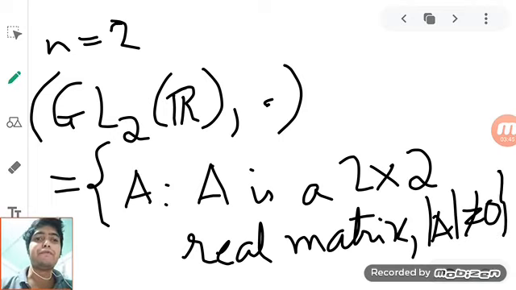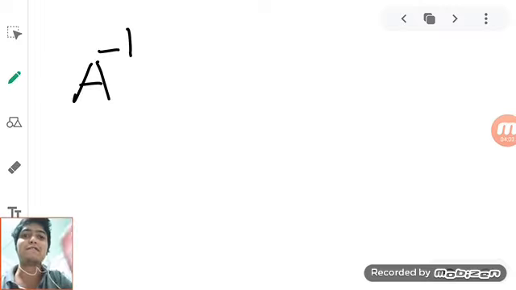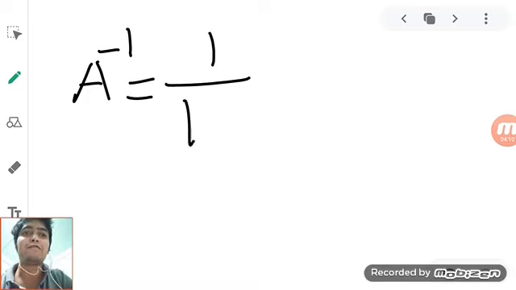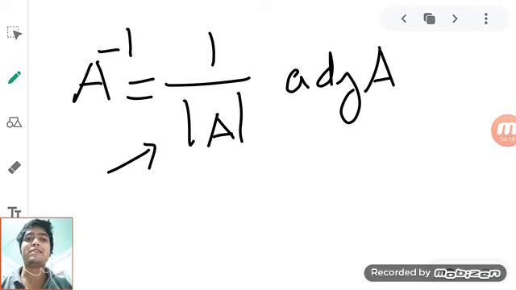So why do we need this determinant A not equal to 0? Because if you remember, if we have to form a group, the elements have to be invertible. If you remember from the first semester and also from class 12, if A is a matrix, the inverse of A is given by this formula: 1 by determinant A times adjoint A. Over here you can never divide by 0.